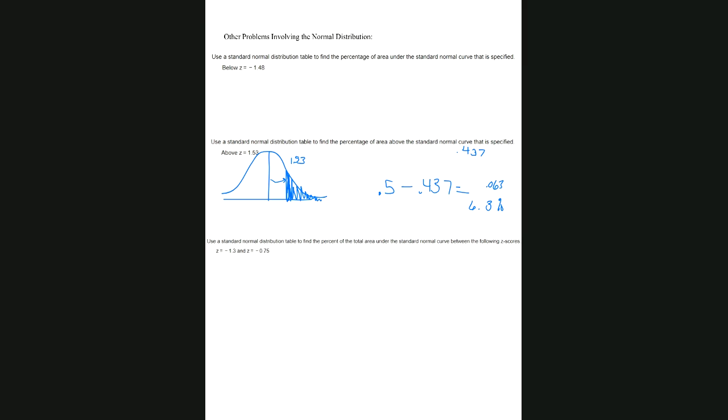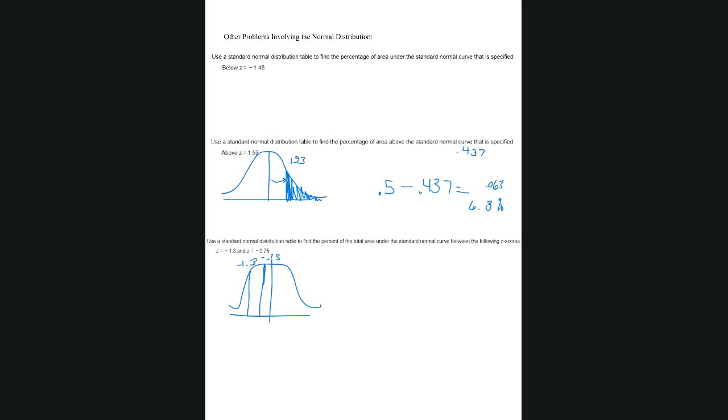Alright, let's look at the last one. The last one is 1.3 and 0.75. Here is negative 1.3 and here is negative 0.75.